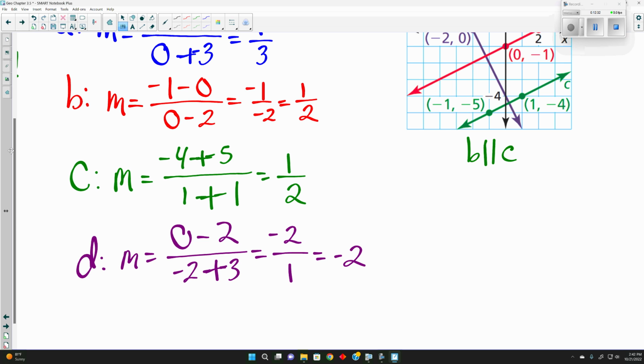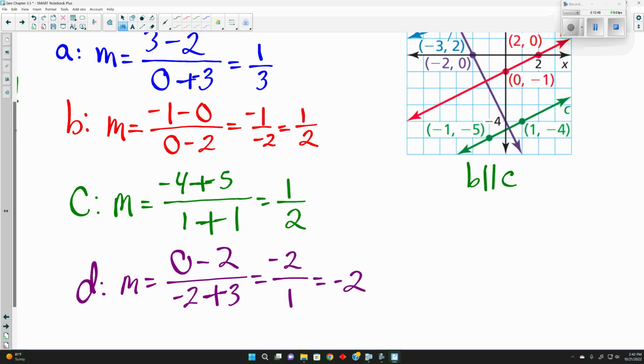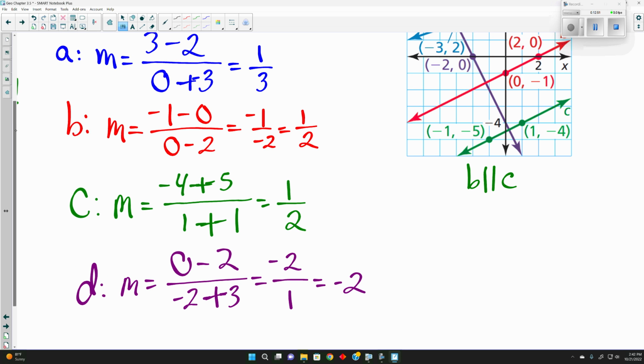Okay. Well, negative 2 is not parallel to any of the other lines, right? So we need to see if any of them are perpendicular. So D and B both have 2, yes? One way we can check this is to multiply them together.